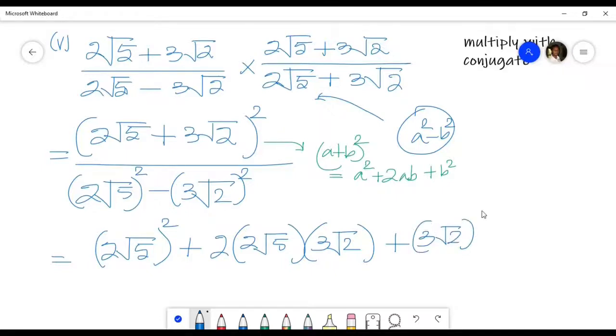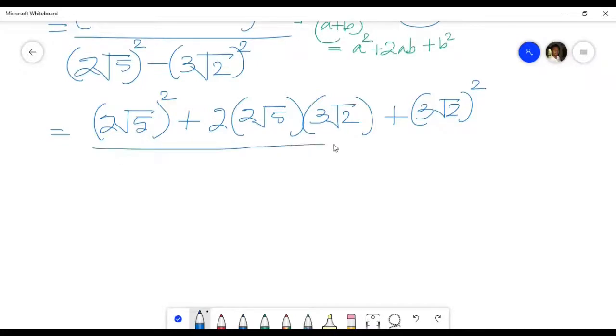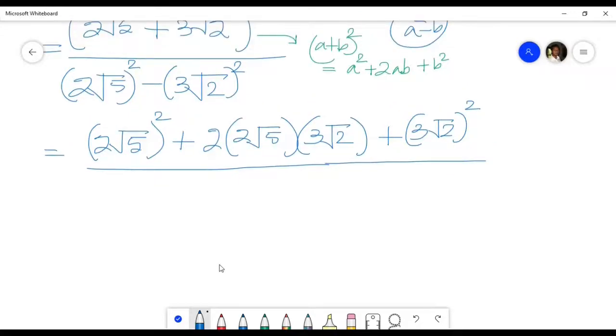Right, so we have simplified it using the expression and we'll just write down the denominator, right? 2 root 5 whole square minus 3 root 2 whole square. Let us solve it. I'll just show you in rough how to solve it. Now you see that square is for both the terms, 2 and root 5.